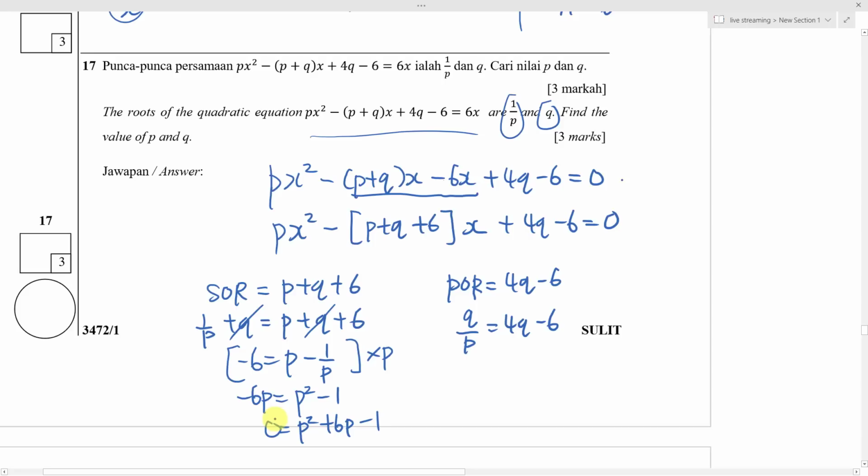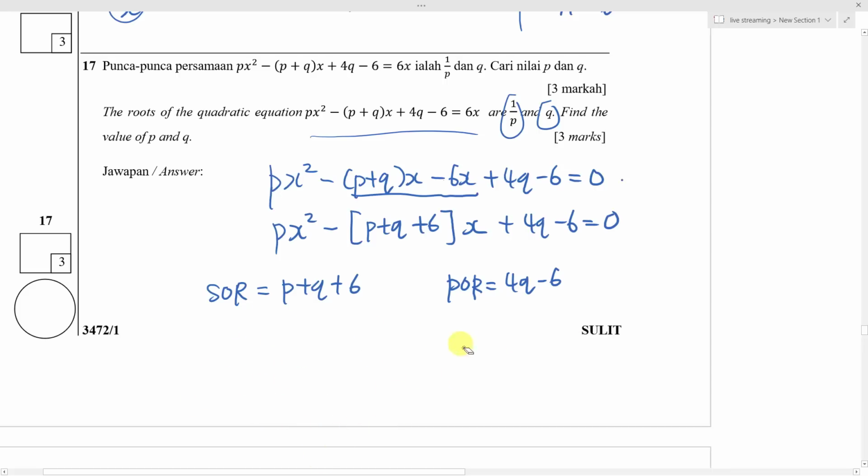No, I cannot. You forgot about dividing by p. Yes, thanks for that. How could I forget about dividing? Because sum of roots is always negative b over a, and product of roots is always c over a. Yes, I forgot to divide by a. No wonder I found it a bit weird. Thanks for reminding me.